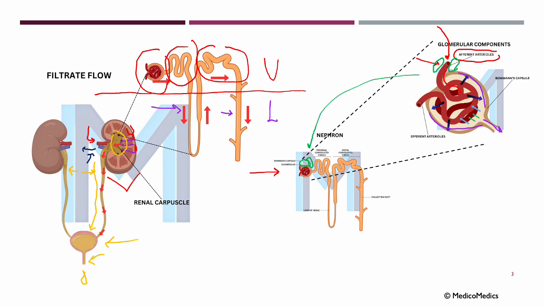Now, these juxtaglomerular cells are located in the wall of the efferent arteriole, and these are specialized smooth muscle cells. And what they do is they sense decreased stretch of the arterial wall. And this would therefore reflect a low perfusion pressure or low systemic blood pressure.